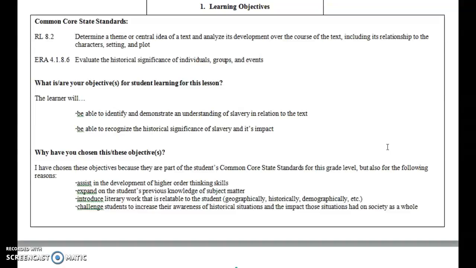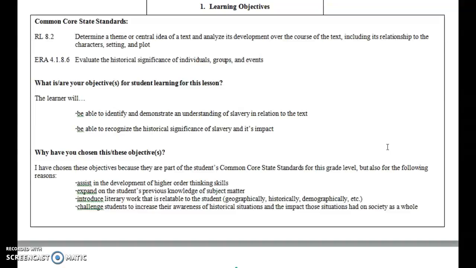Number 3 is to introduce a literary work that is relatable to the students, geographically, historically, and demographically, specifically with my students. For one, being in the South and the Delta particularly, slavery is always more generalized with the South, even though slavery was not just a Southern thing. But this will also help them relate because they are in the Delta and in the South.